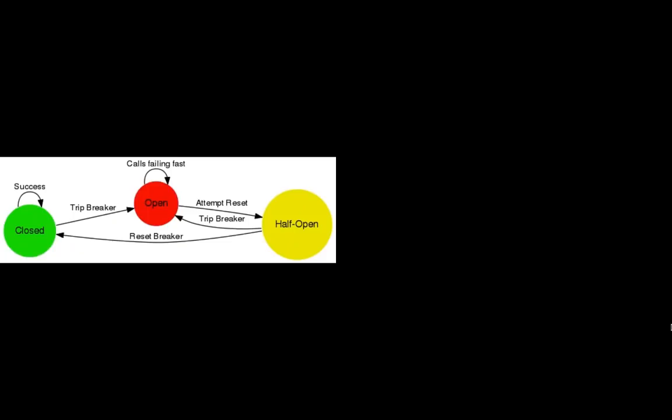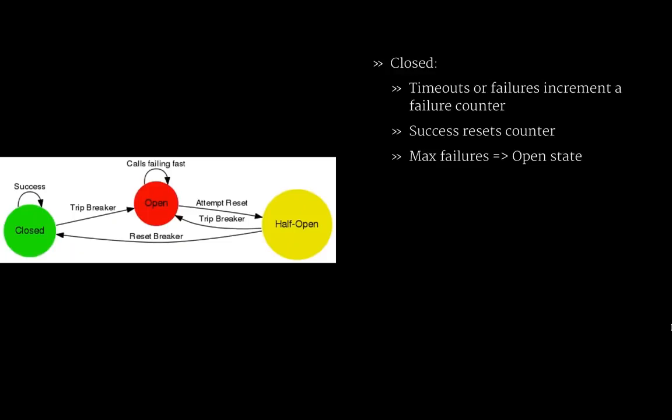Now, for a couple additional details, when we're in the closed state, everything is good, calls are going through. The failure counter is something the circuit breaker takes care of, so we don't need to worry about it at all. We only configure, when we create the circuit breaker, how many failures we can tolerate.